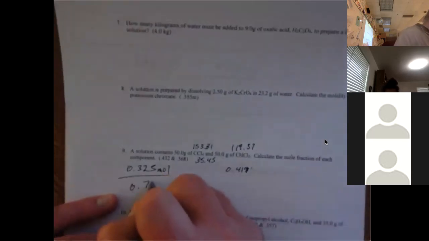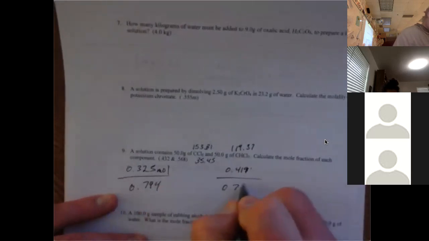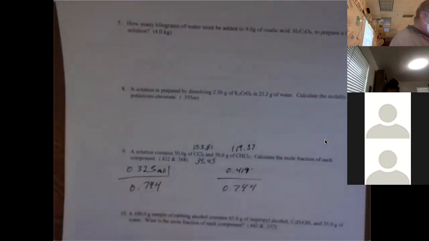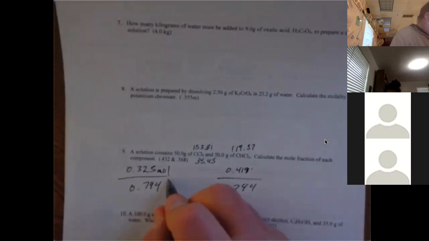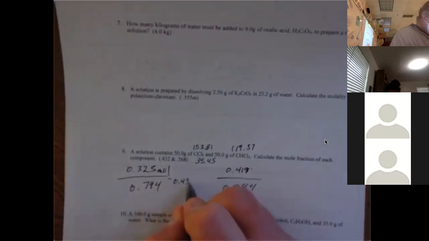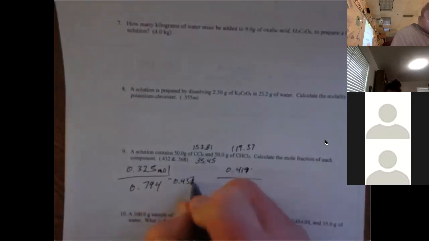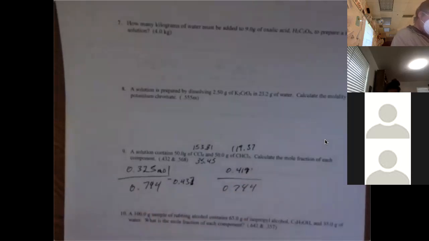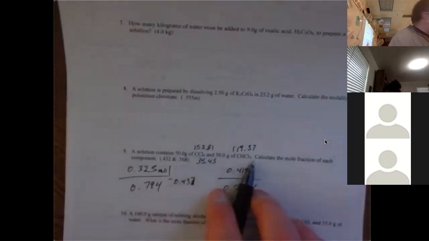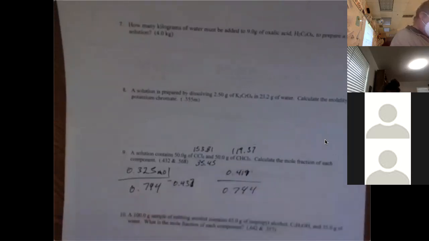0.325 plus 0.419. The answer is 0.744. 0.325 divided by 0.744. It's about 0.4368. Both of these, they don't split. Yep. 0.419 divided by 0.744.